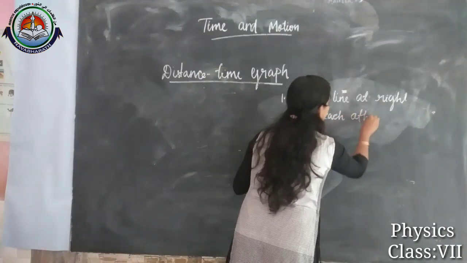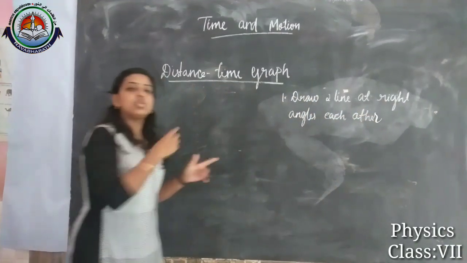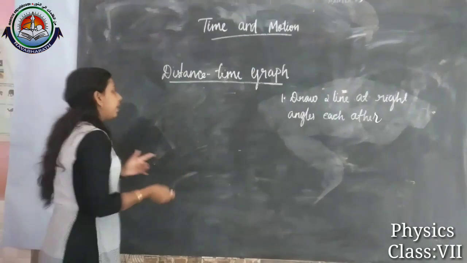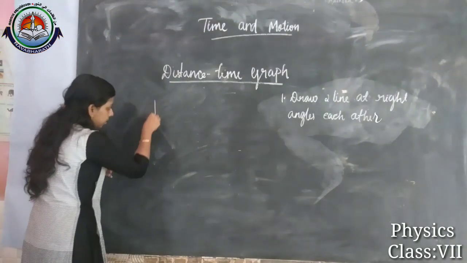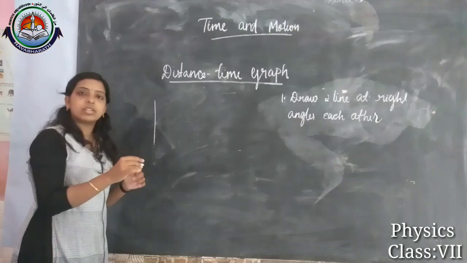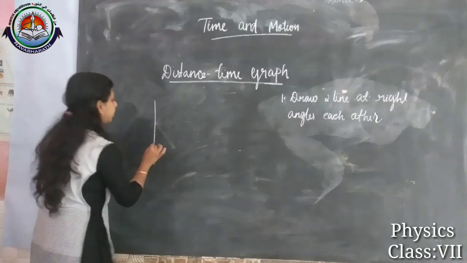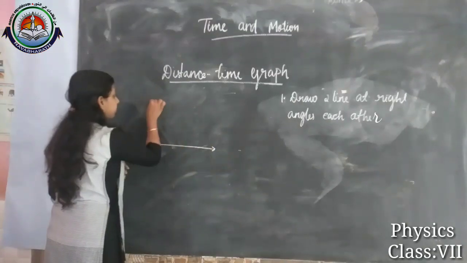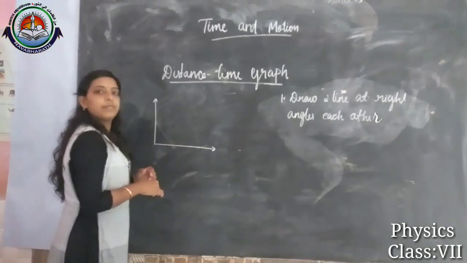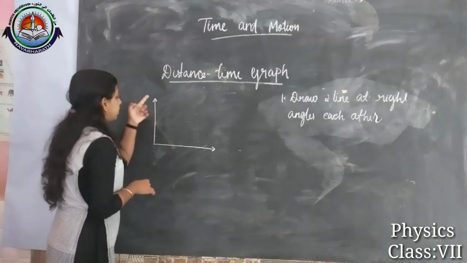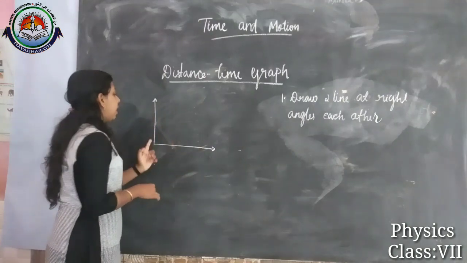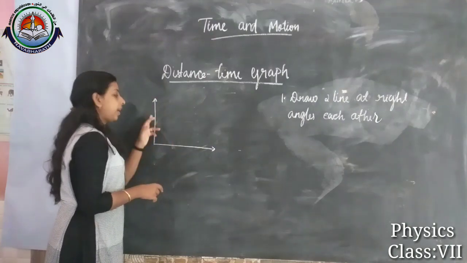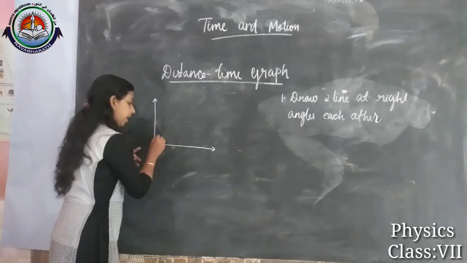First we need to draw 2 lines and these 2 lines should be at a right angle. Right angle means what? The angle will be 90 degrees. So we draw 2 lines and both lines are at right angle, this angle is 90 degrees.